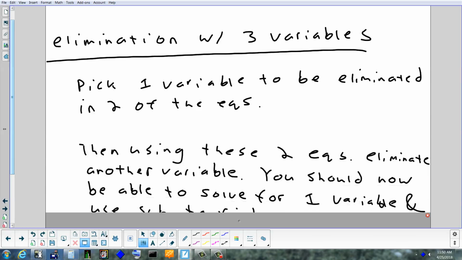Then, using those 2 equations, we're going to eliminate another variable. So we're going to start with 3 variables, get it down to 2, then down to just 1 variable. Once you can solve for 1 variable, you plug it back in to get a second one. And once you have 2 of them, you plug those in and get a third one. So it's a little longer, but the process isn't any different. You just have to do it more times.